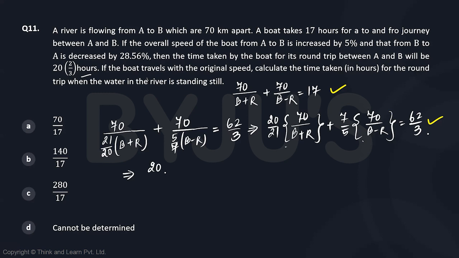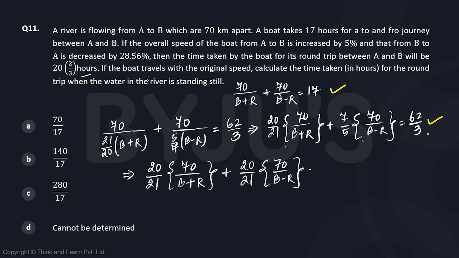So let's say this is 20 by 21 times of 70 by (B plus R), and plus 20 by 21 times of 70 by (B minus R). We already had 7 by 5 times, and we added 20 by 21 times. So let's subtract that. And this will be 70 upon (B minus R), and this is given as 62 by 3.